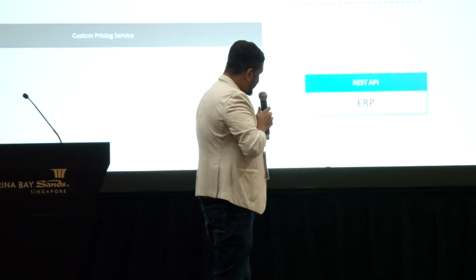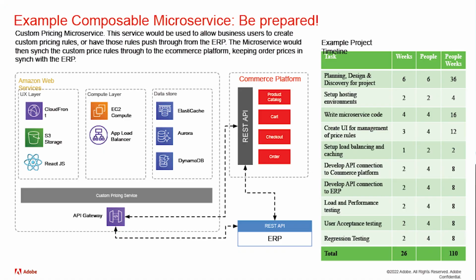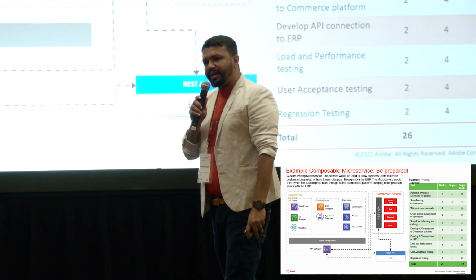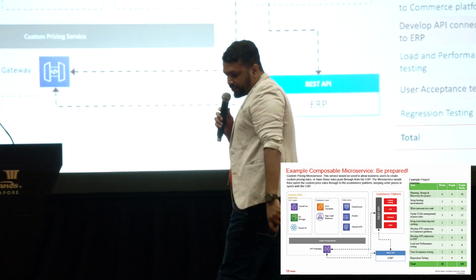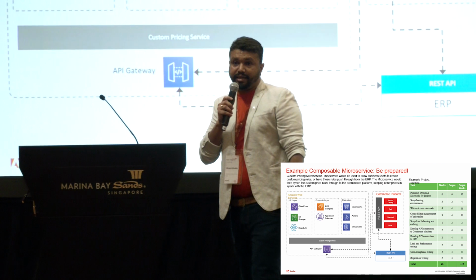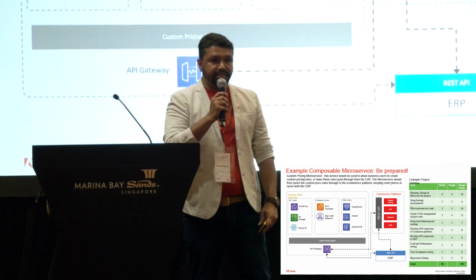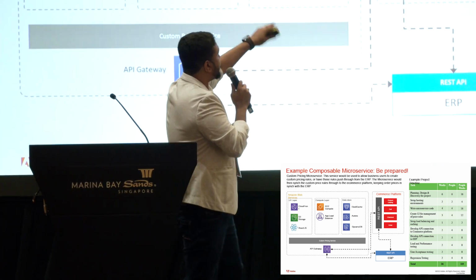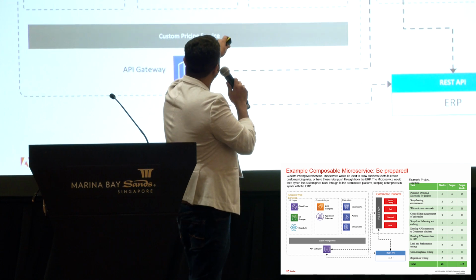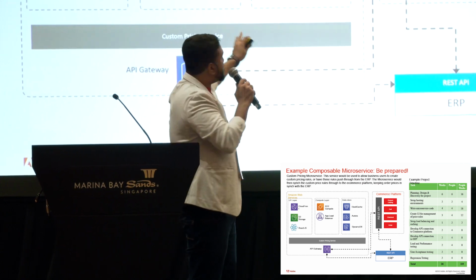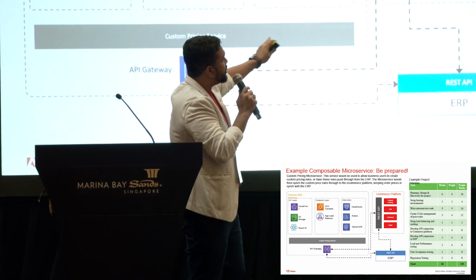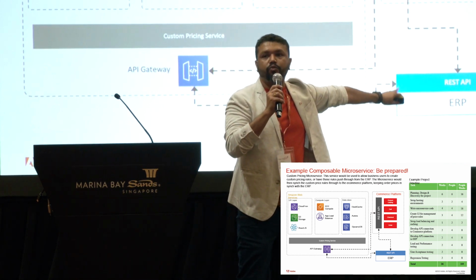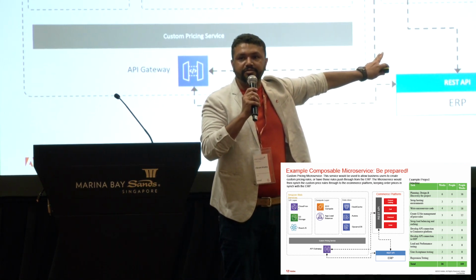This is an example slide. We have partnered with a few of the SIs in the APAC region to give us this scenario. If this is the scenario wherein we need to bring a custom pricing microservice, what is the manpower that you would charge your merchant?